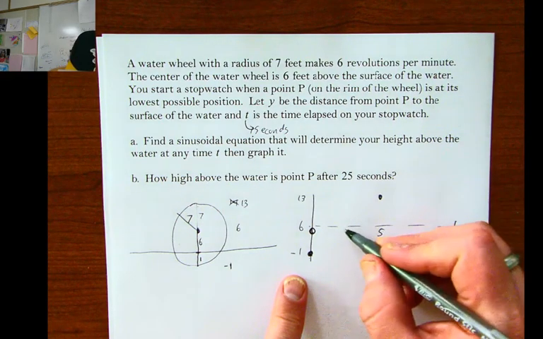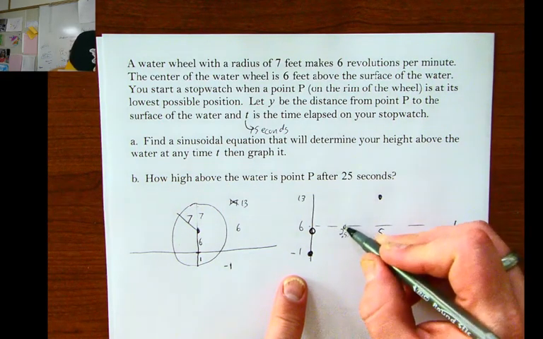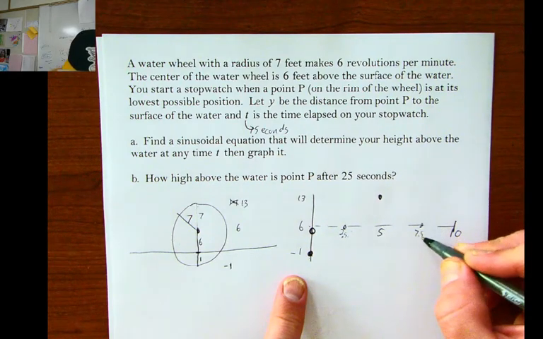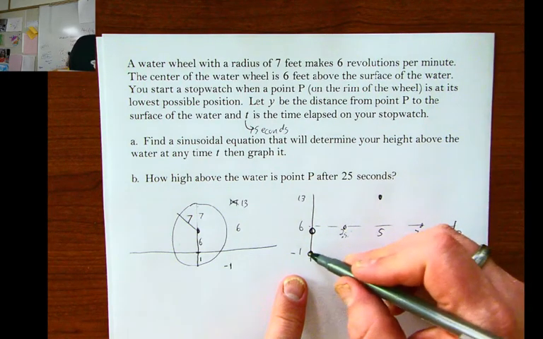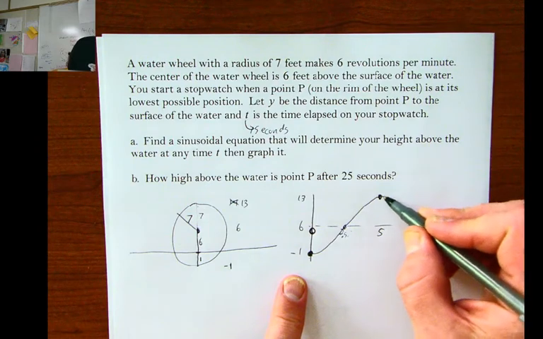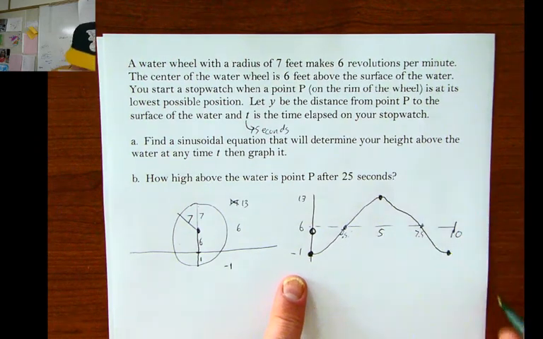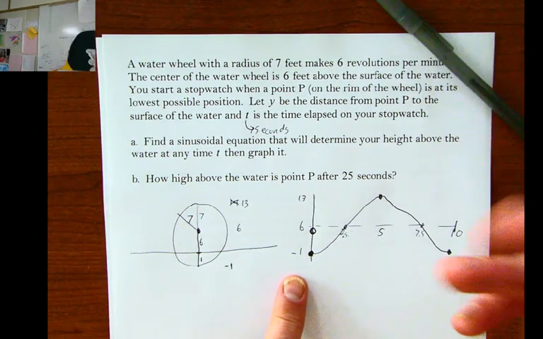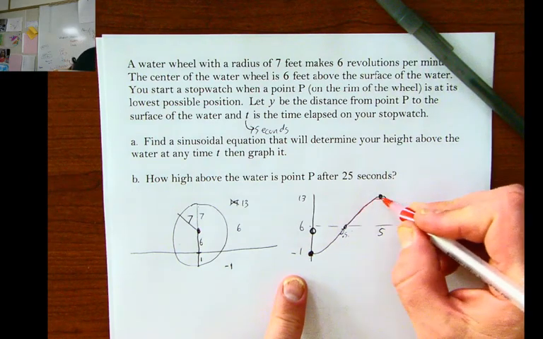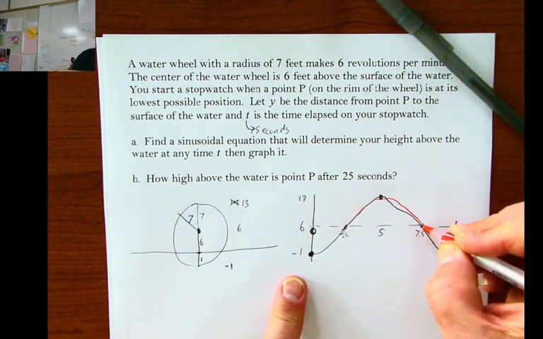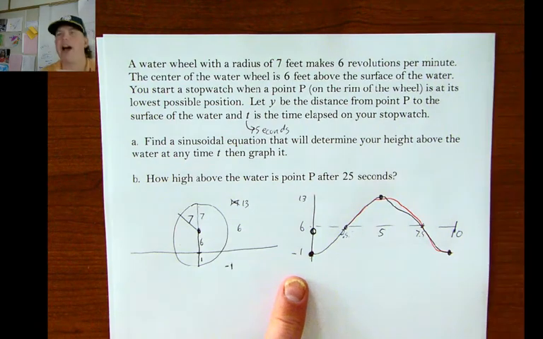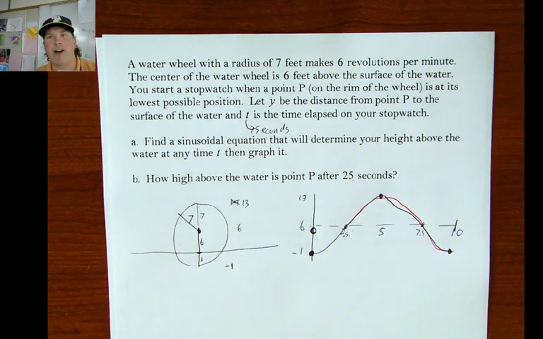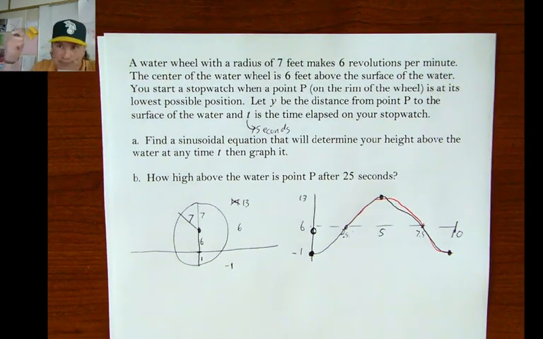So 2.5 would be this point, and 7.5 would be the other axis point. And I can draw my graph just like this. Whoa! That should be a smooth graph. Let me do that again. There, connect the dots. I had a hard time connecting the dots.